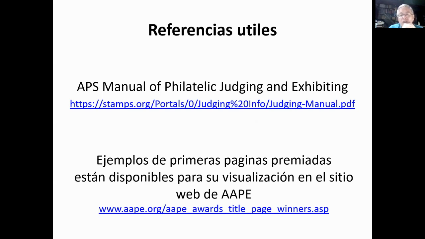The AAPE, the American Association of Philatelic Exhibitors, also have on their website examples of award-winning title pages. That's a very helpful place to go for ideas about how you might want to organize and structure your title page.